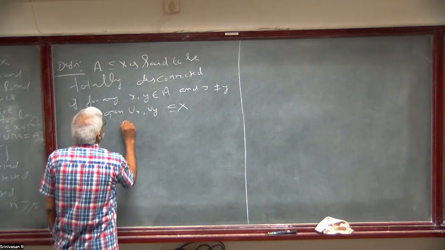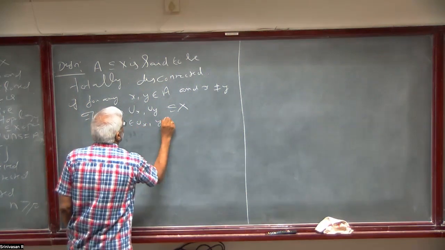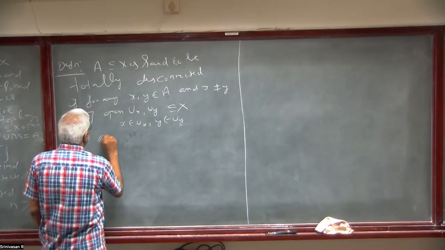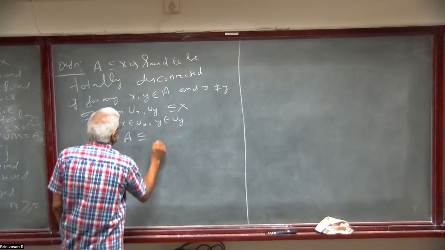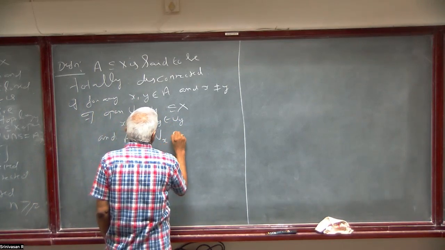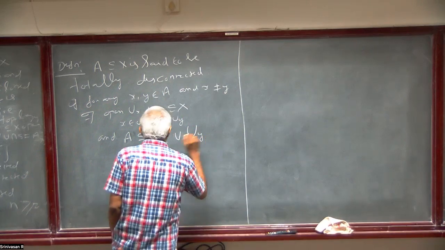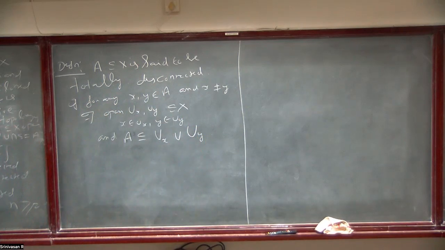Ux, Uy open, such that x is in Ux, y is in Uy, and A is contained in Ux union Uy. Any x and y, this should happen. It is not just disconnected, it is something more than that. Any two points, you can have open sets around them that separate them, and their union covers the whole thing.